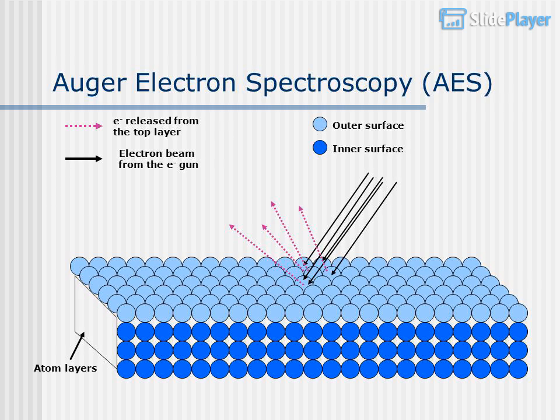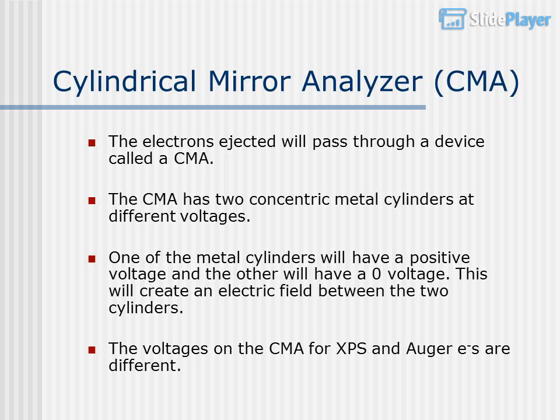Auger electron spectroscopy, AES. Electron released from the top layer, outer surface, inner surface, electron beam from the E-gun, atom layers, cylindrical mirror analyzer, CMA.